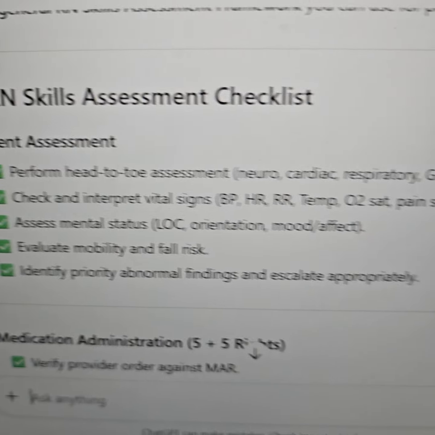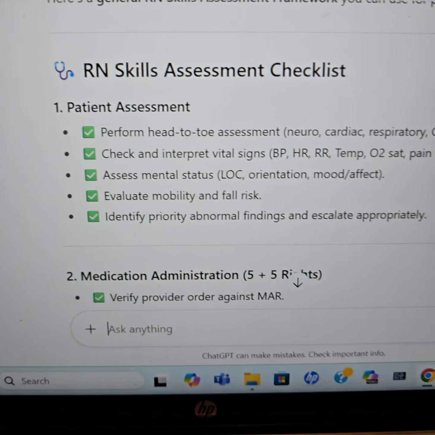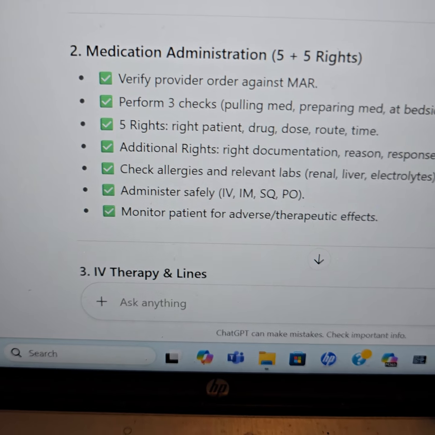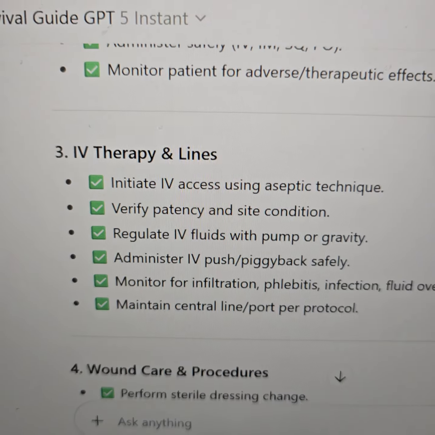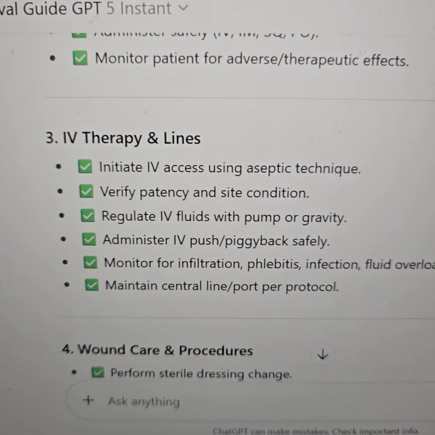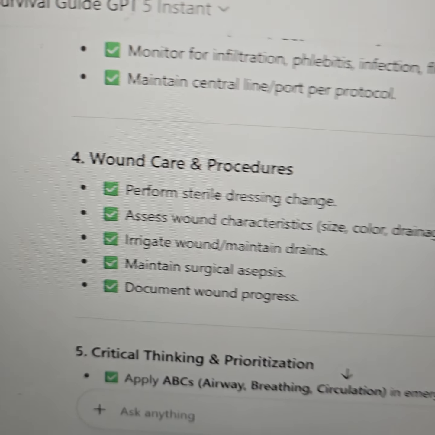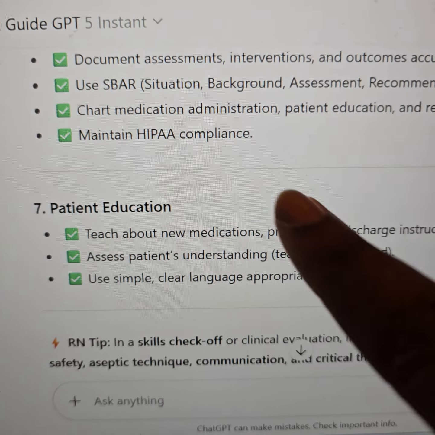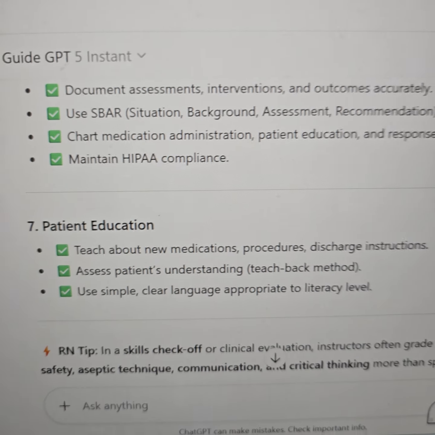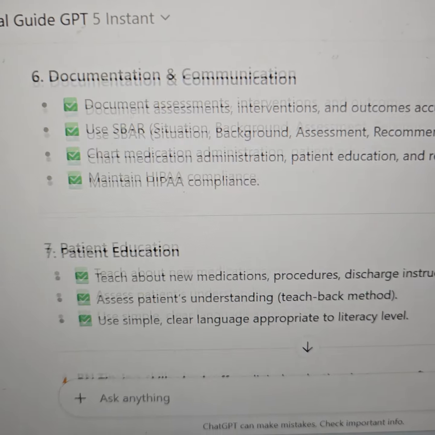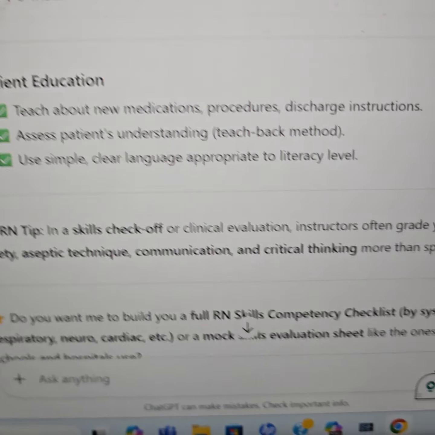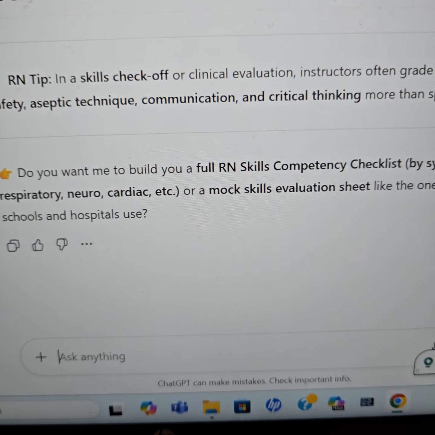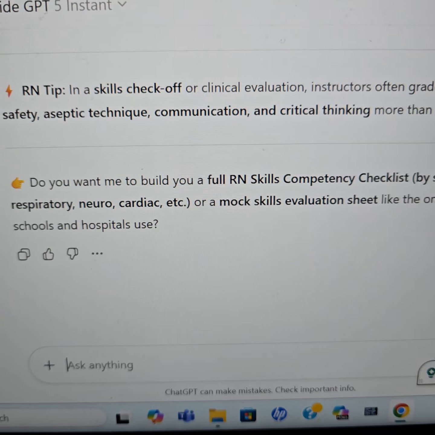Patient assessment, right? Medication administration, five rights. Then it's going to give you IV therapy and lines, wound care procedures, critical thinking, documentation, very key. Documentation in nursing is important. Patient education. And it's going to give you a tip. And then it's going to ask you if you want to build a full competency checklist, right?